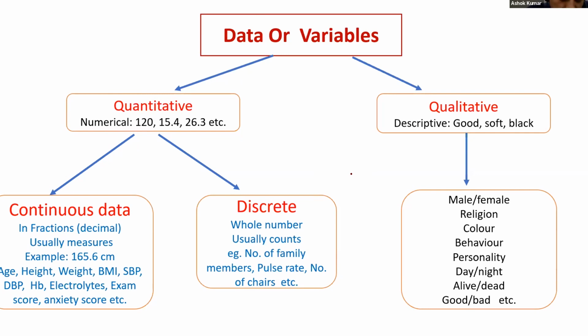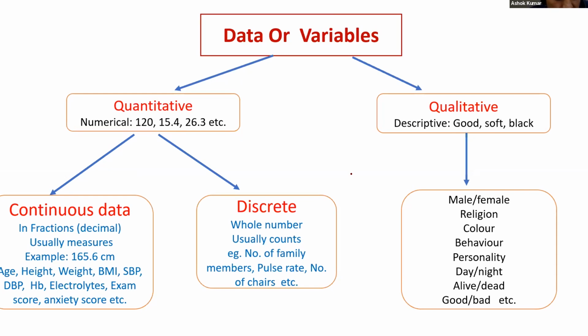I had to write the BP in even numbers: 120 by 86, 146 by 80. But at that time I could not write 131 by 87 or 133 by 86, because odd numbers were not allowed. Now we can write BP in odd numbers also. This has changed. At that time we did not have so many monitors, but now we have.